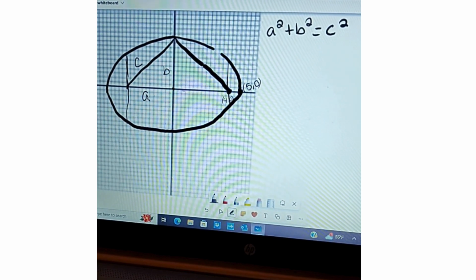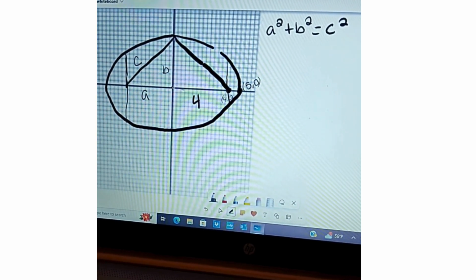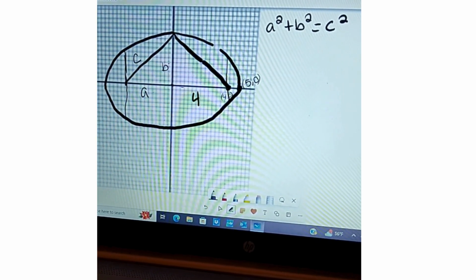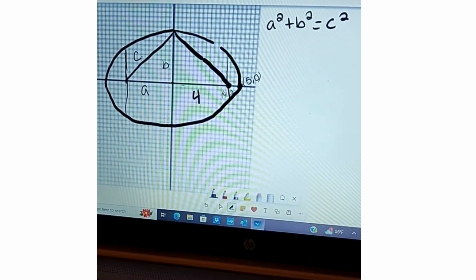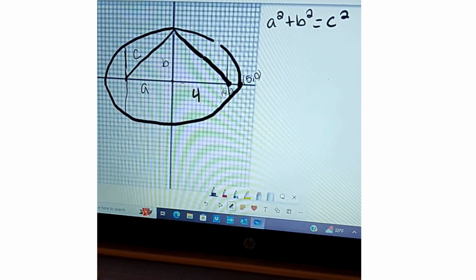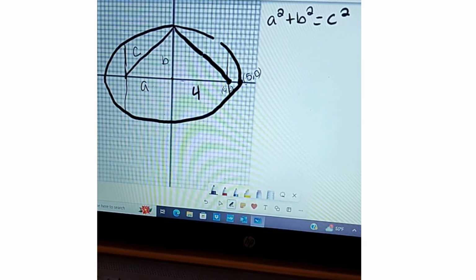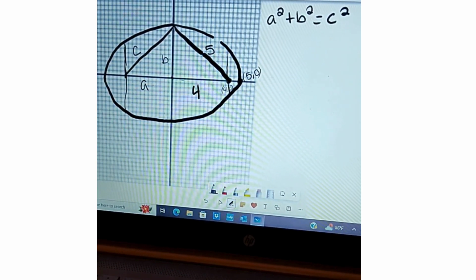Okay, so a we know is going to be 4 because it's the distance from the center to the outer part. We need to know what b is, so we don't know it, but we do know what c is, because c is the length or the distance. And because we know this part right here, we also know this part, which is 5.